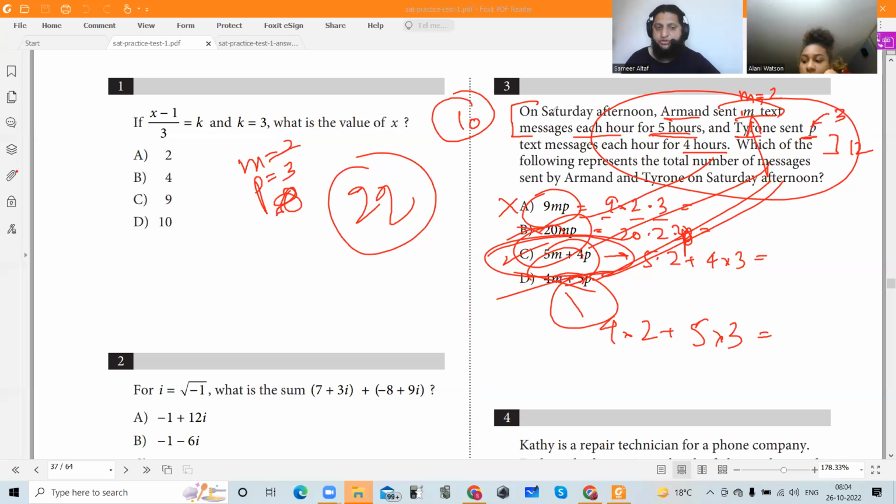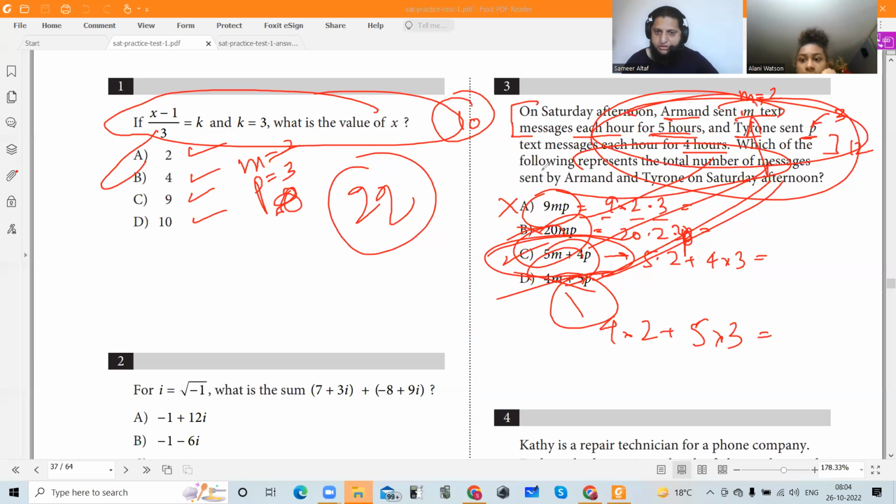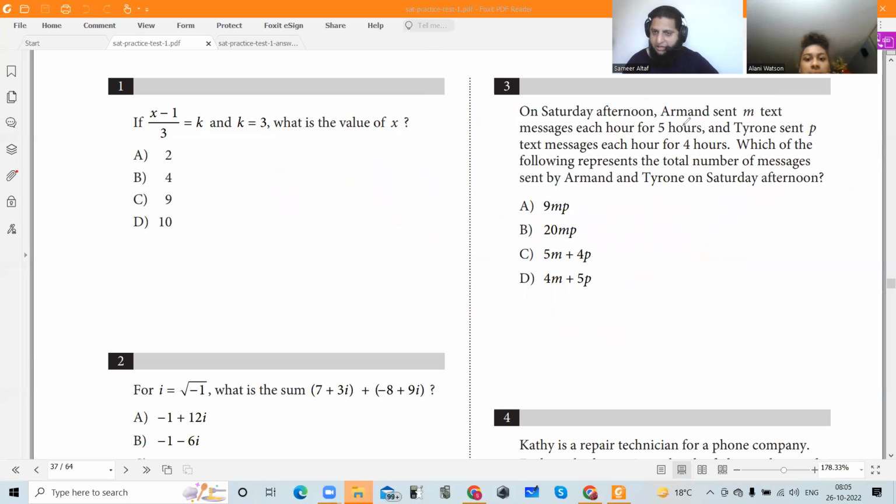So we have understood two strategies till now. Whenever you have variables in the question and the answers in the options, plug it in. Whenever you have variables in the questions and variables in the options, make it real. Okay. So in equations like this, I can add any kind of numbers into the equation. Anything. You can try even for m and p anything else, and you will still get the answer.